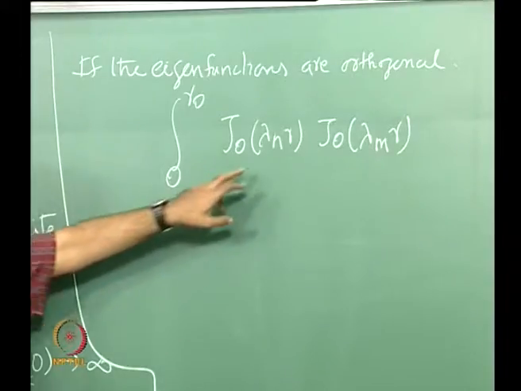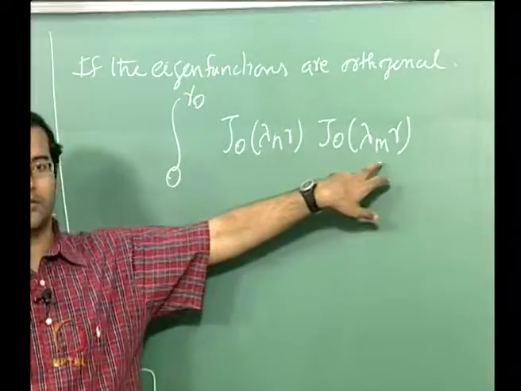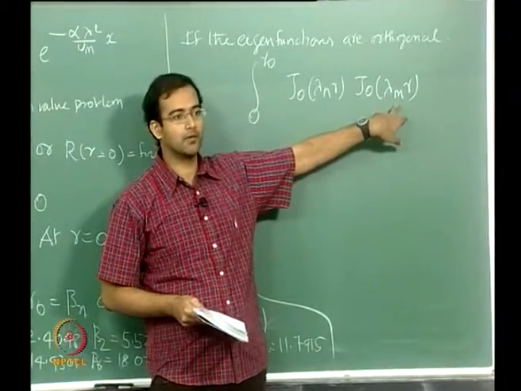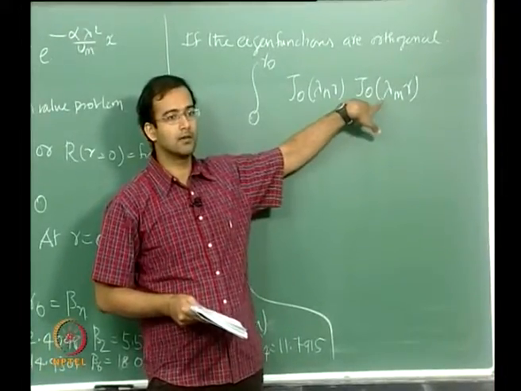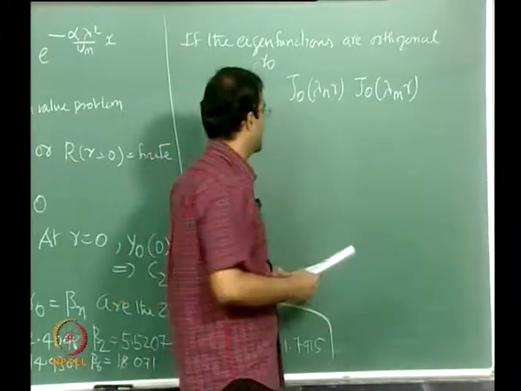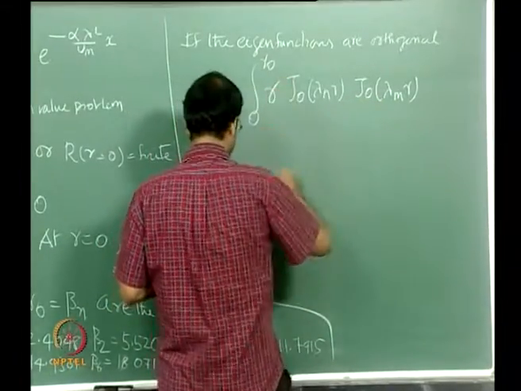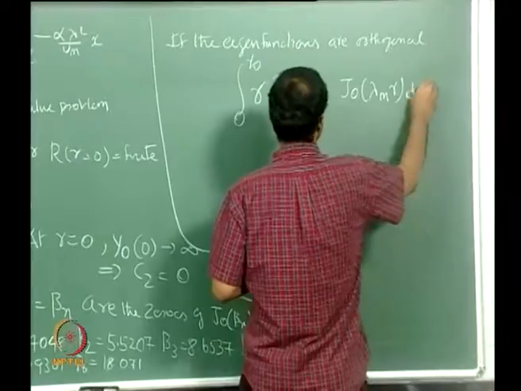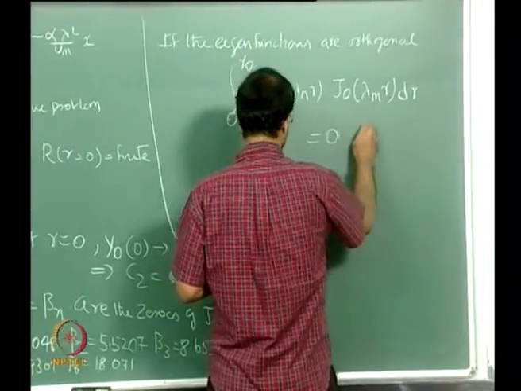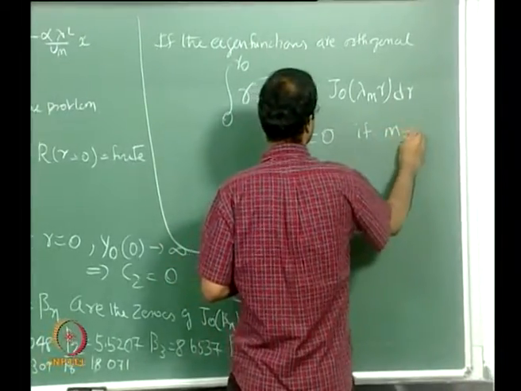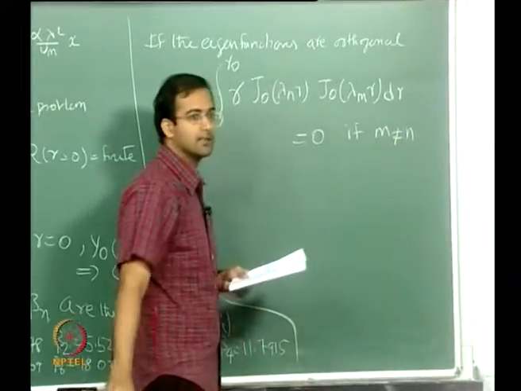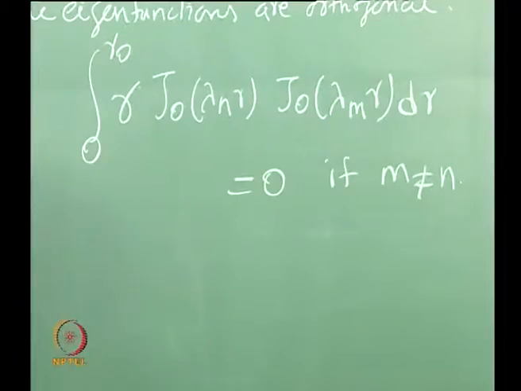Your n may go from 1, 2, 3 and so on for a fixed value of m. Now if you multiply these two eigenfunctions and also multiply r, and integrate, this will be equal to 0 if m is not equal to n. This is the principle of orthogonality.